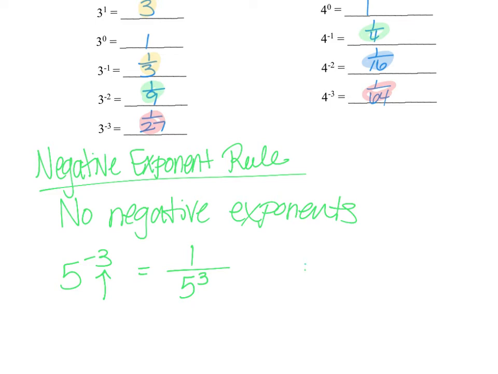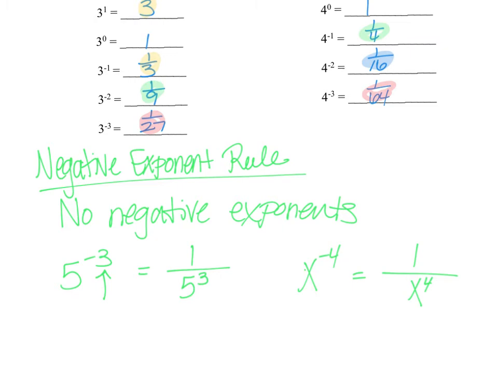So if I had something like x to the negative 4th, uh-oh, I have a negative exponent. That's not allowed. So I would move this downstairs and put a 1 as a placeholder there. So all negative exponents do is show me that I cannot have a negative exponent. And so if it's upstairs, it moves downstairs. And we're going to look at what happens if it's downstairs in just a second.